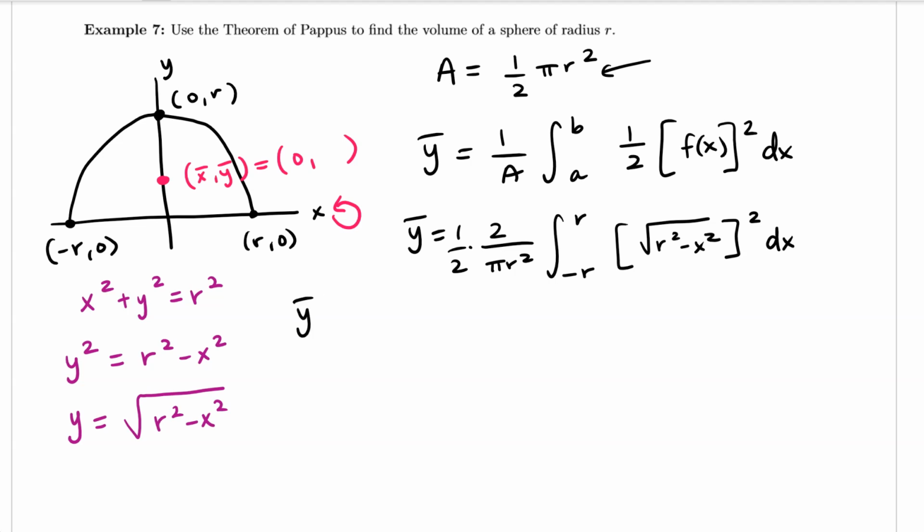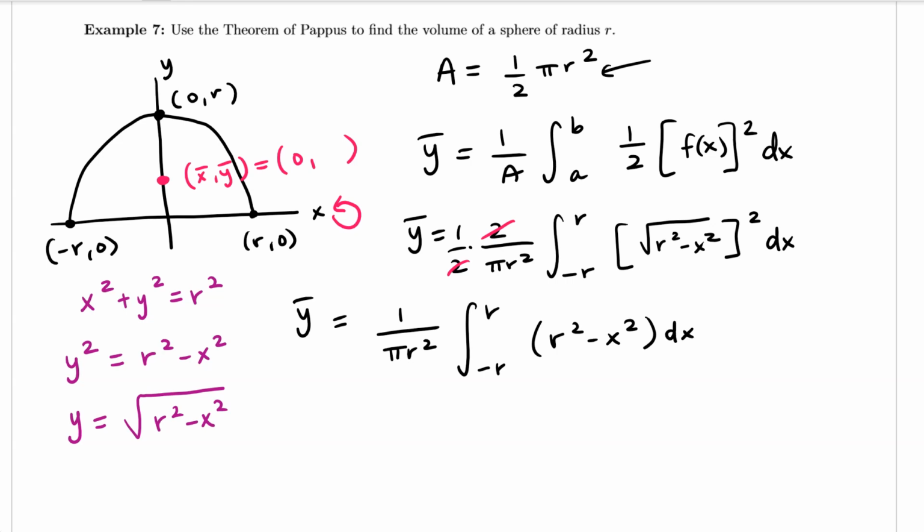So let's do some simplification. These 2's will divide out, and I have 1 over pi r squared. I also have that after I've squared our integrand, we're left with r squared minus x squared dx.